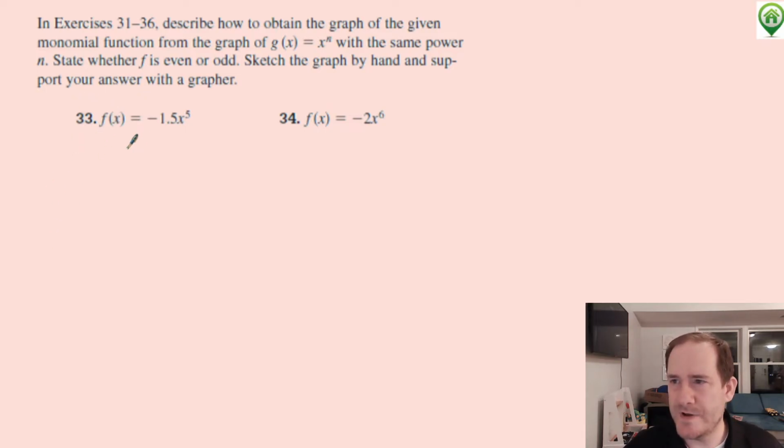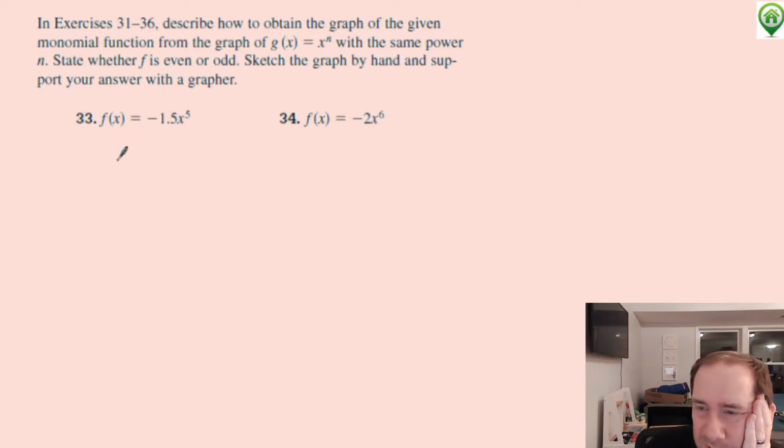So for 33, I don't feel like describing the transformations anymore, but I guess I will. We know that we would define g of x as being x to the 5th. It has to be a power function with the same power. We see that this has two transformations involved.